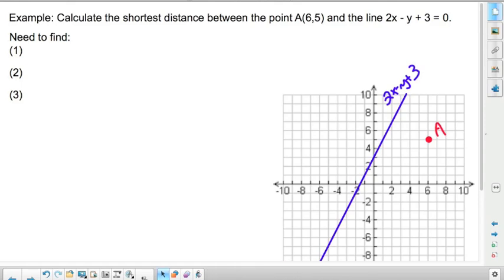So you can almost treat this as, let's say this was a road, right? And I have a cottage right here. But I have no road to meet this main road. I want to build one.